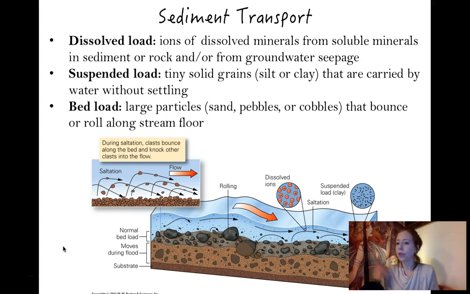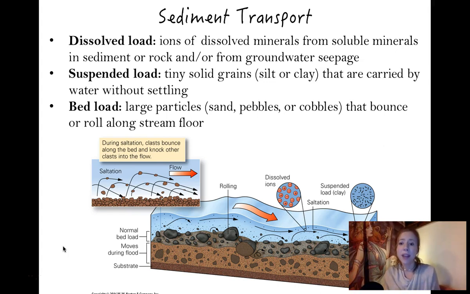Now we started with weathering. Erosion lifts away the particles, and then via the fluid medium we get some transport. Now let's start with water. I feel that water is the easiest to visualize, so you can get different loads. We have a dissolved load, so these are ions of dissolved minerals from soluble minerals in sediment or rock and or from groundwater seepage.